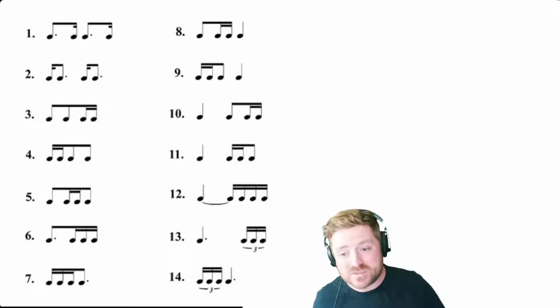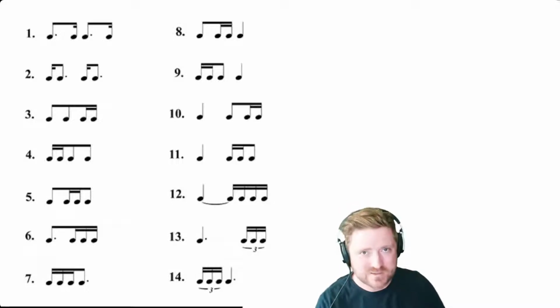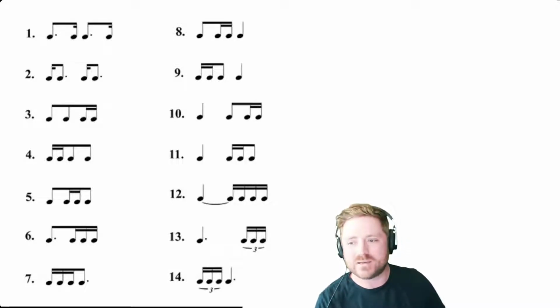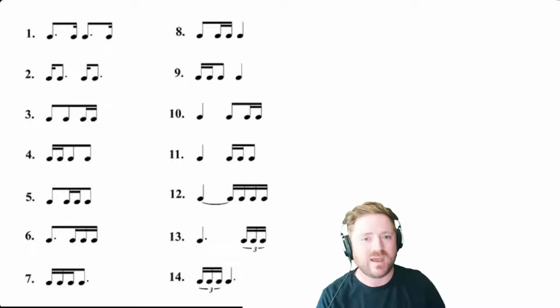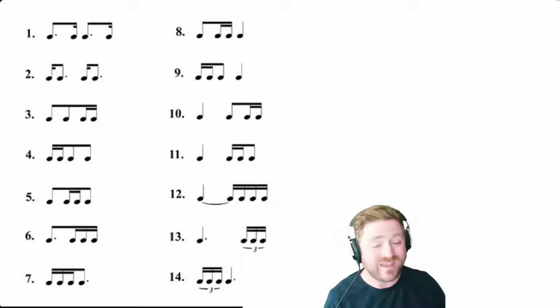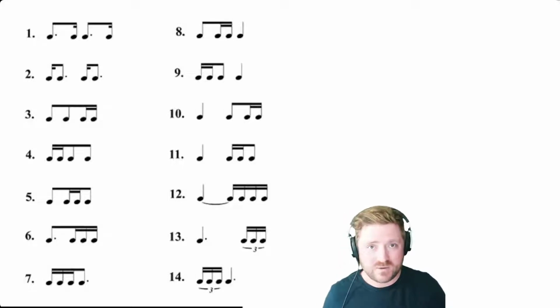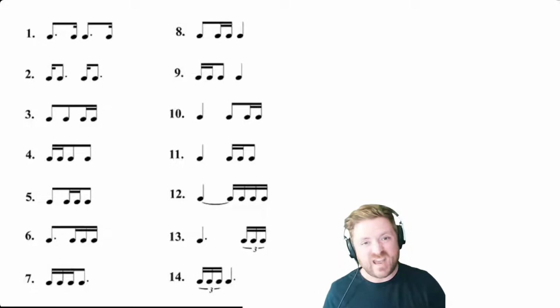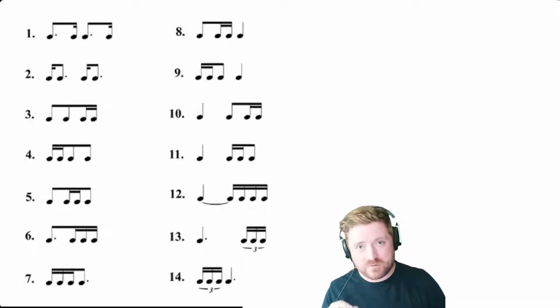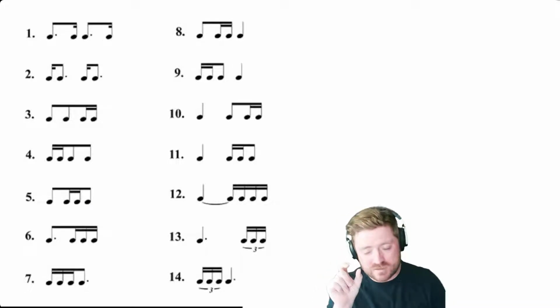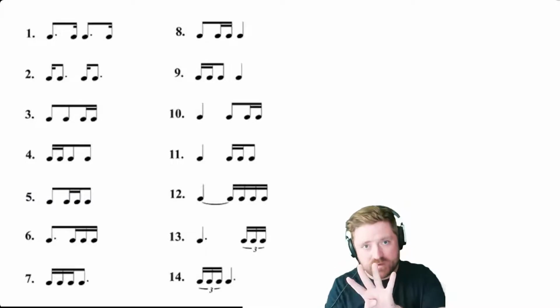Now, number 2 is a special request from last week, and I was asked, are we going to look at inverted dots? Well, here you have it. And all this is you take that first rhythm, which we've just had a go at, and you turn it backwards. So where previously the long note, the dotted note, is worth 3 of those semiquavers, 3 16th notes, and the 4th semiquaver, the 4th 16th note, is represented by a semiquaver here.